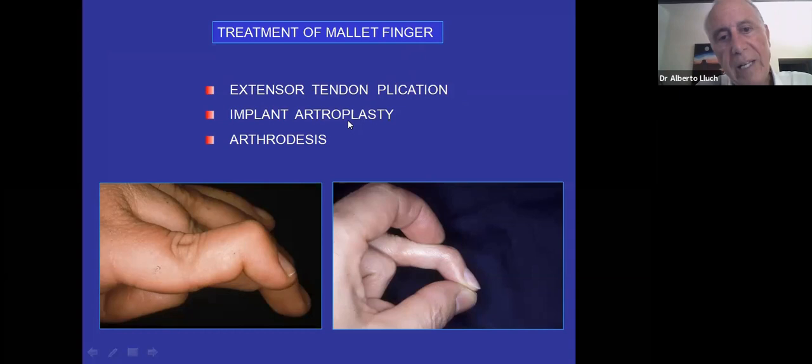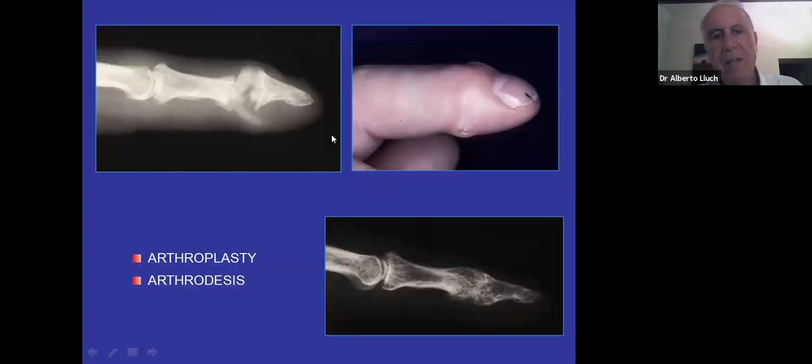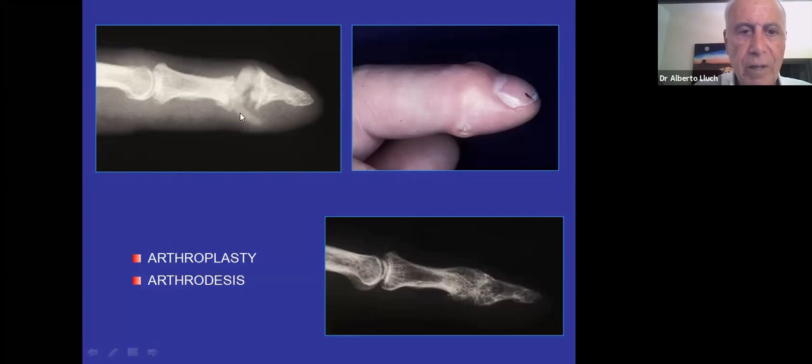You can do then an implant arthroplasty or an arthrodesis. An implant arthroplasty, you should never do it, like in this case that was referred to me, with a dislocation of a silicone implant. And the best thing to do for a mallet finger deformity in a rheumatoid patient is a fusion.